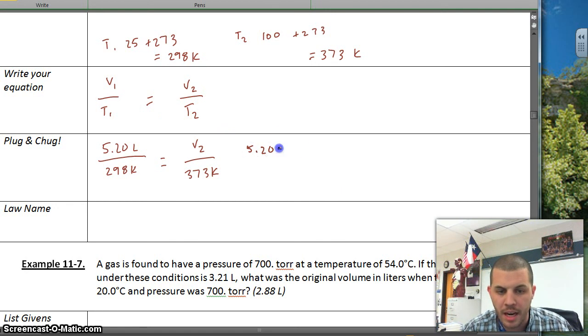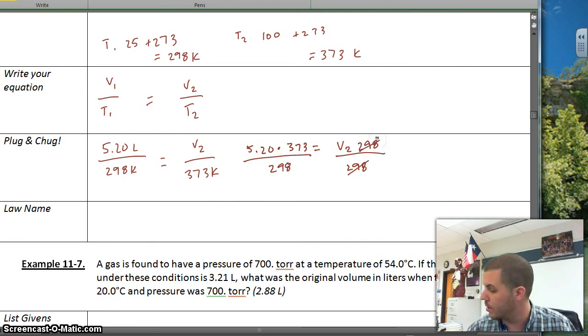And so I get 5.20 times 373 equals V2 times 298. If I want to get V2 by itself, I'm just going to divide both sides by 298. Easy as pie. Cancel, cancel.